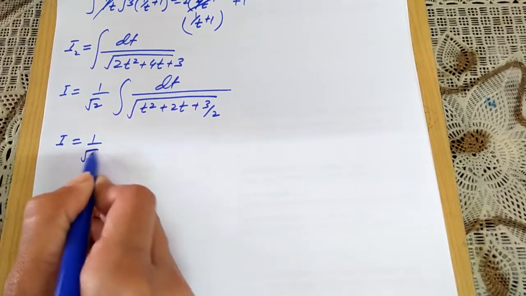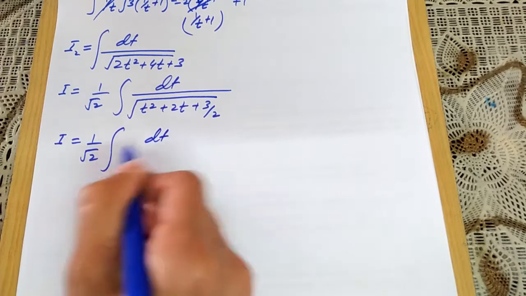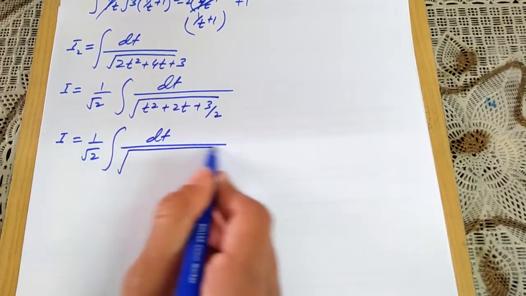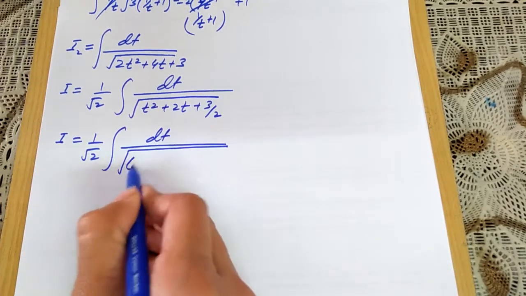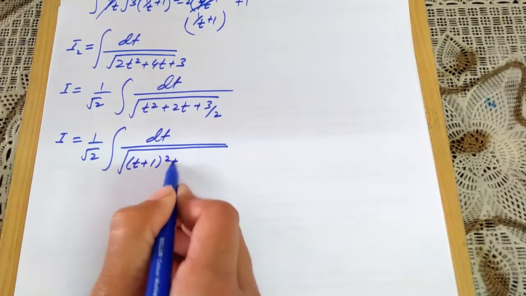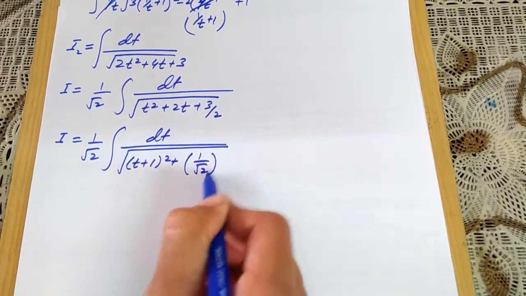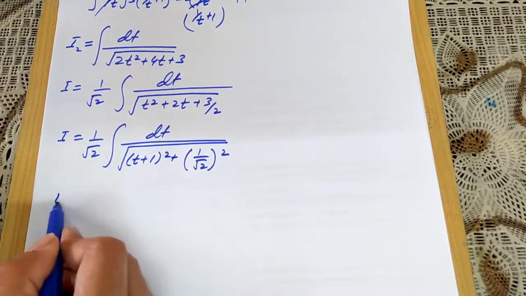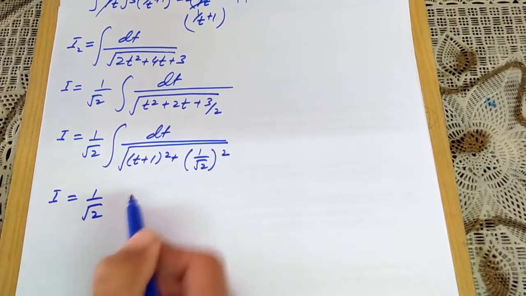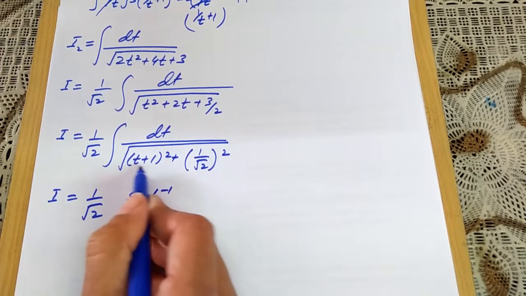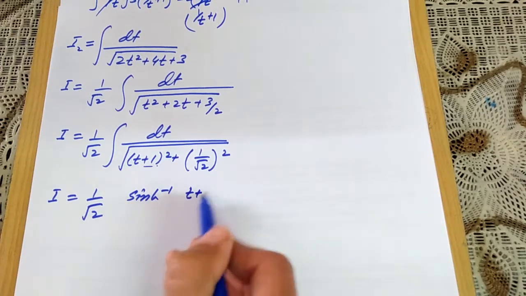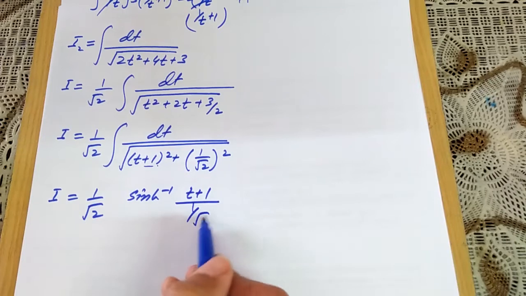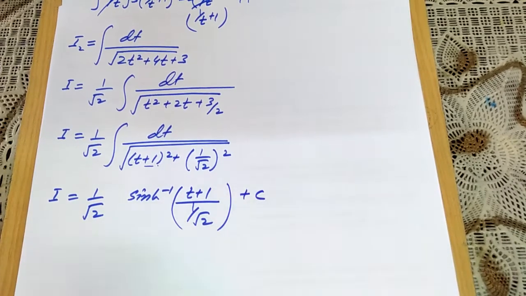So I am directly writing the conversion form after completing square. Here in my under root, I will be left with t plus 1 whole square plus 1 over under root 2 whole square. This is the same formula for the sine hyperbolic inverse. So I will get I is equals to 1 over under root 2 sine hyperbolic inverse x. X here is t plus 1 divided by this a, that is 1 over under root 2 plus c.